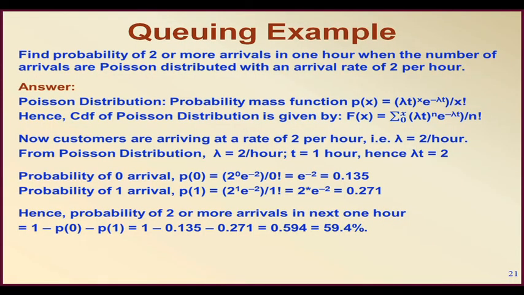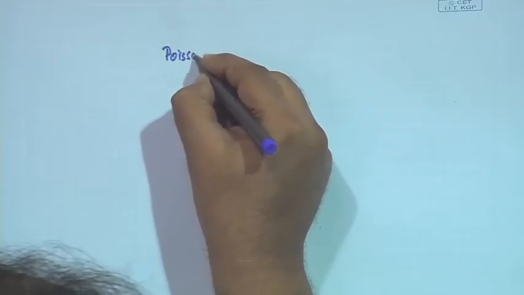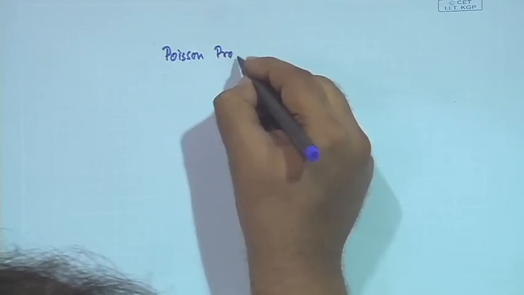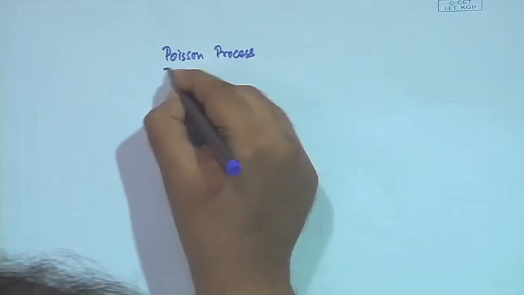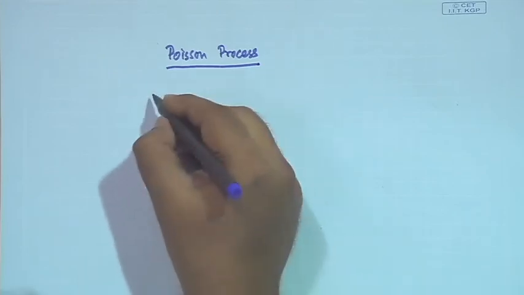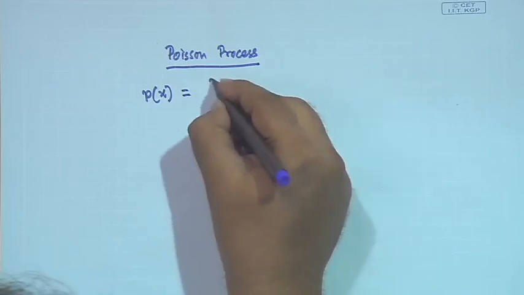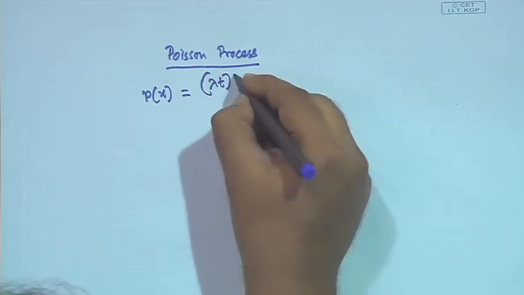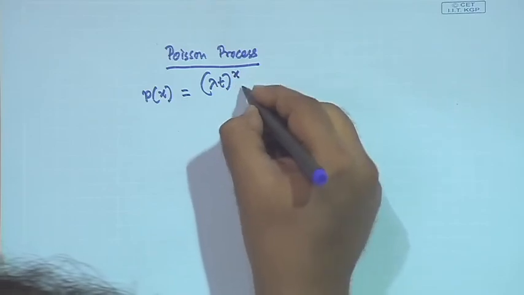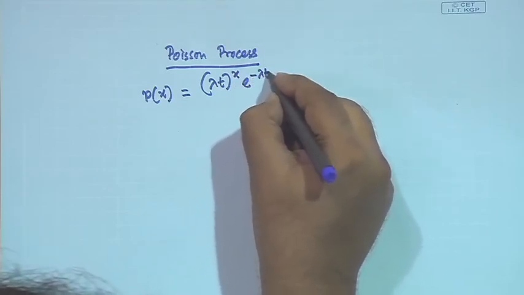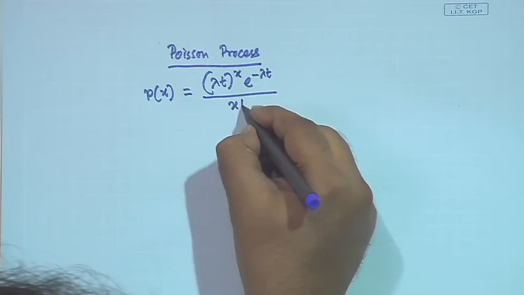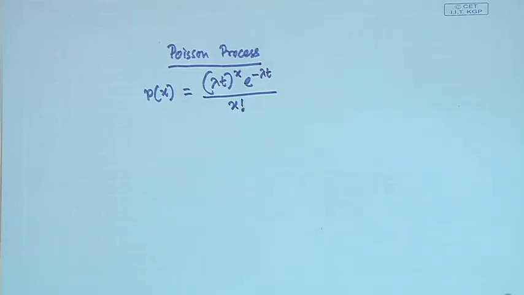Let us look at it in slightly more detail. See what we have got here: a Poisson process. In a Poisson process, we have P(x) equal to (lambda t)^x e^(-lambda t) / factorial x. So, this is the Poisson process.